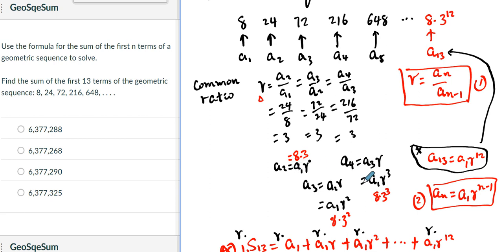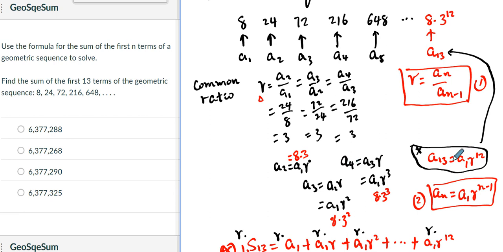Okay. So here, if you want to write out the fourth term, that will be the first term times the common ratio R to the third power. So this exponent is always 1 less than what? The index.